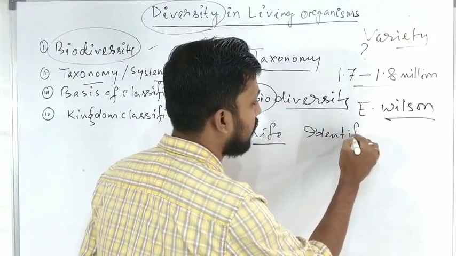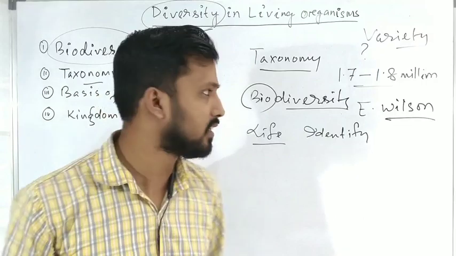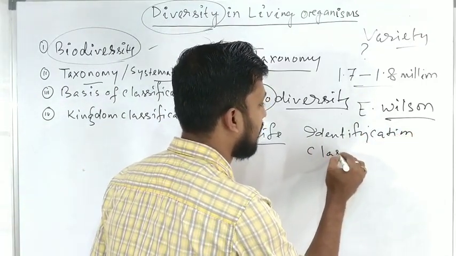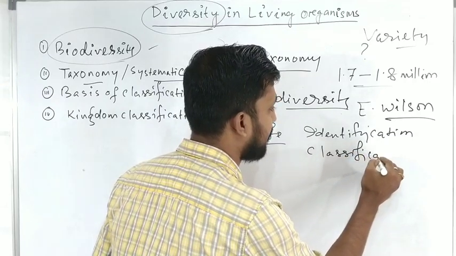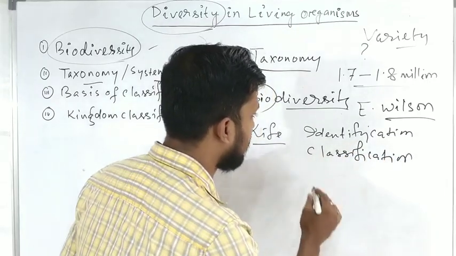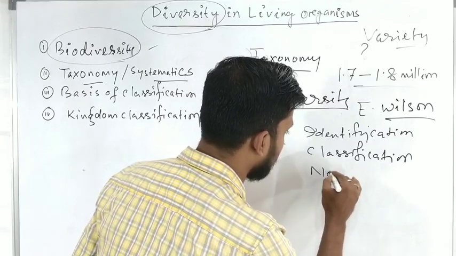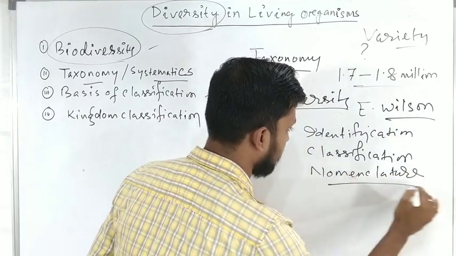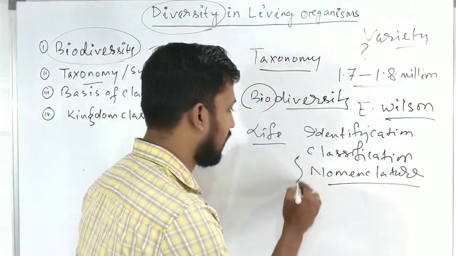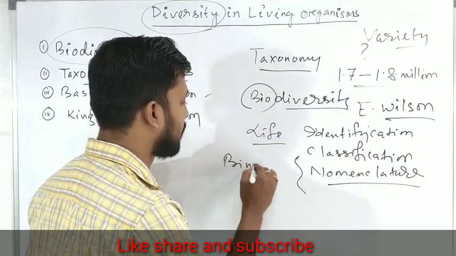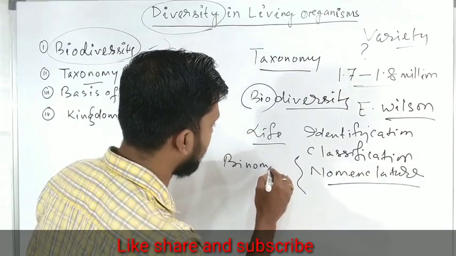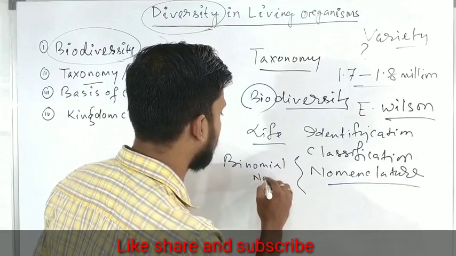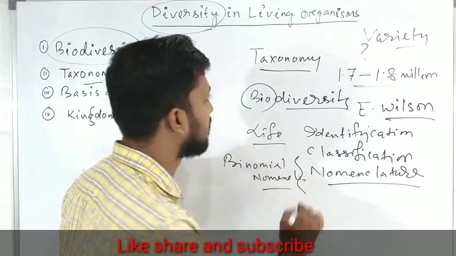We will identify whether it is a plant or animal or microorganism: identification, classification, and the last one, nomenclature. You might have heard the term binomial nomenclature, proposed by Carolus Linnaeus. That we'll discuss later.